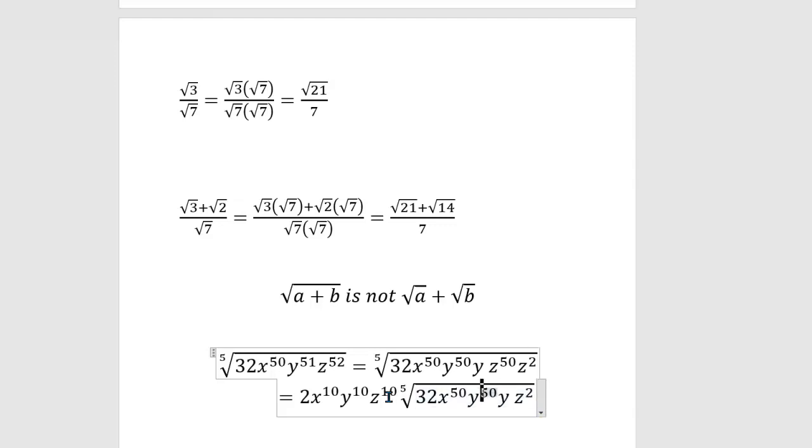My y to the 1 is still in there, but the 50 powers are all gone. The 32 is gone. So my final answer is 2 times x to the 10th times y to the 10th times z to the 10th times the fifth root of yz squared.